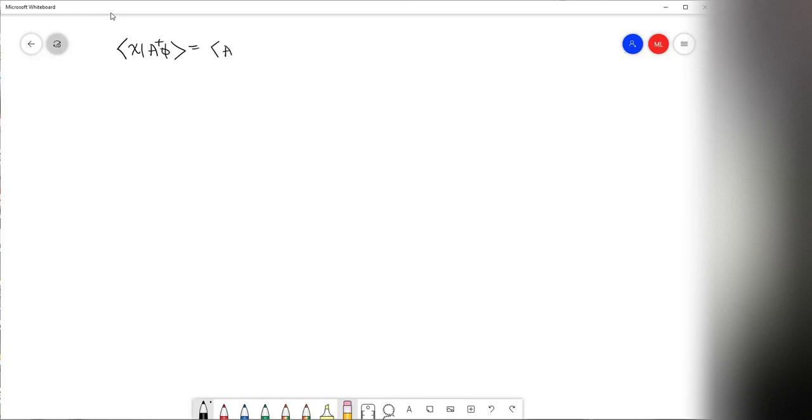You should be able to derive essentially all properties of the daggers by considering the definition. And so then things like, suppose we had A B dagger. Suppose we had something like this, what we would do here.